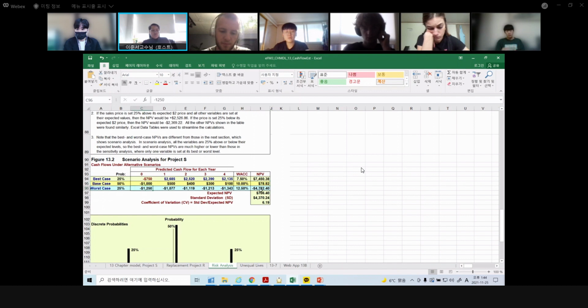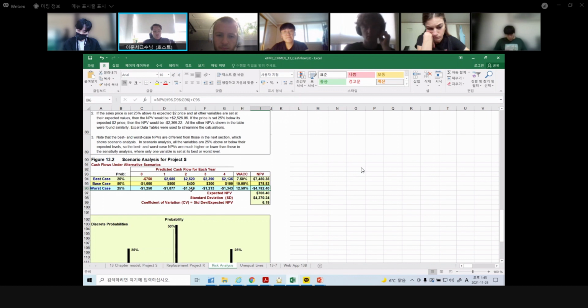Whereas if the variables change simultaneously in the negative way by as much as 25%, then the cash flow stream is going to change just like that. Definitely WACC is going to increase to 12.5%. Then the present value decreases to negative $4,782.4, right?